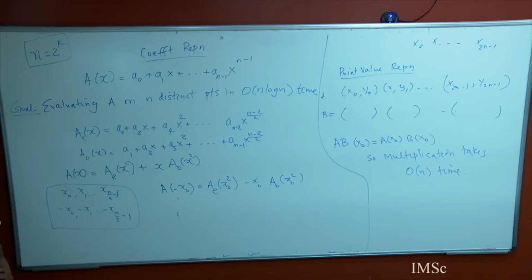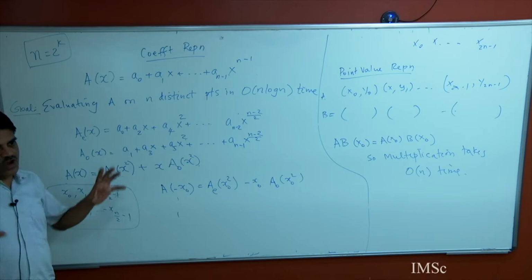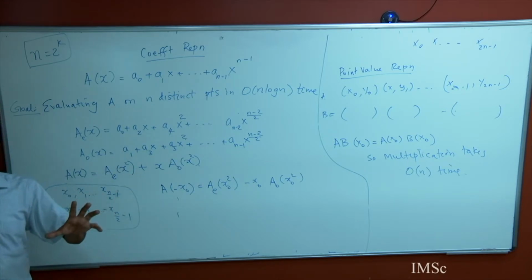Because what do I have to evaluate? I have to evaluate Ae only on the squares of these points. There are only n by 2 such terms. Ae is a polynomial of degree n by 2 minus 1, and I am evaluating at some n by 2 points. Same with Ao. That is the work I need to do.